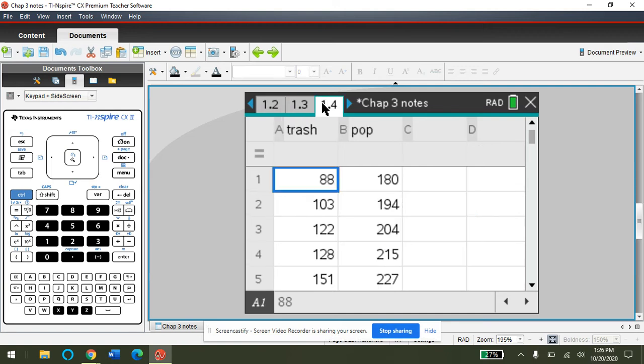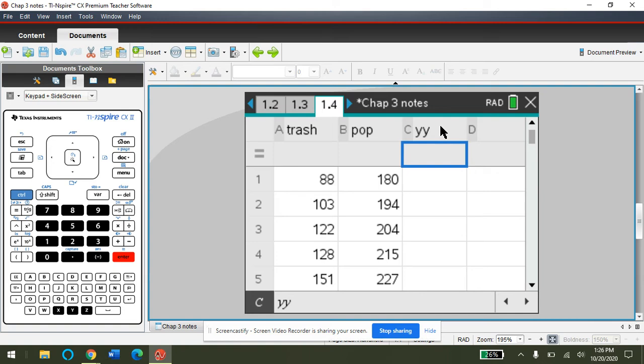So let me teach you something. Those of you who are comfortable with Google Sheets and Microsoft Excel might have learned this as well. Trash and population are our names, and here's my data set. In here, I'm going to call this YY. I can't call it Y, single Y, because I used that the other day when I did the parabola, and otherwise it remembers.